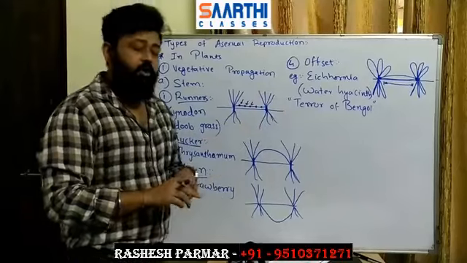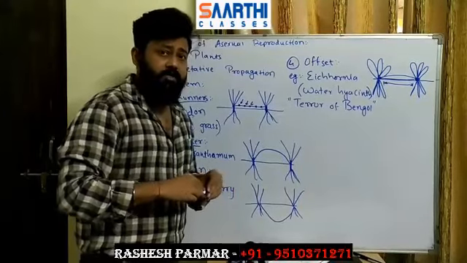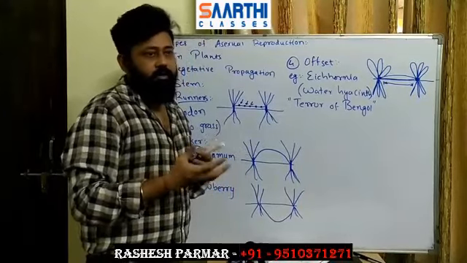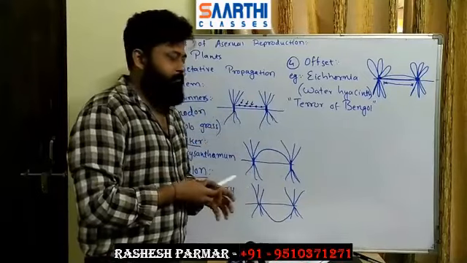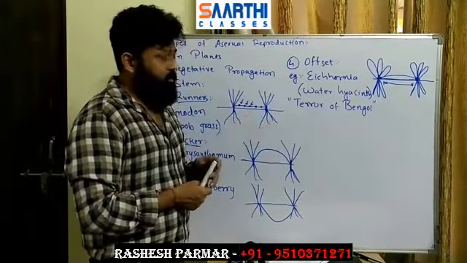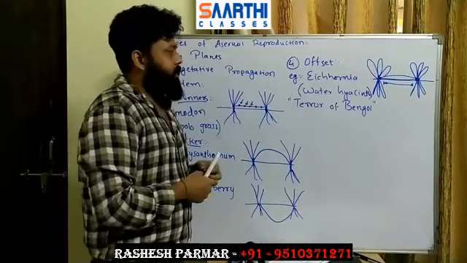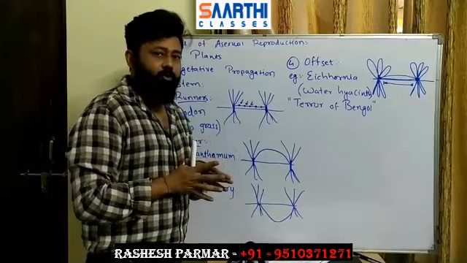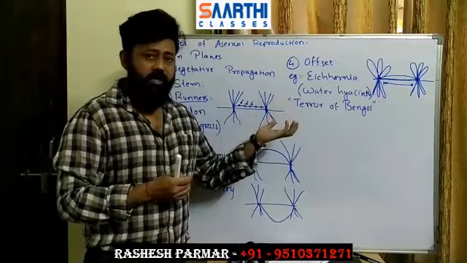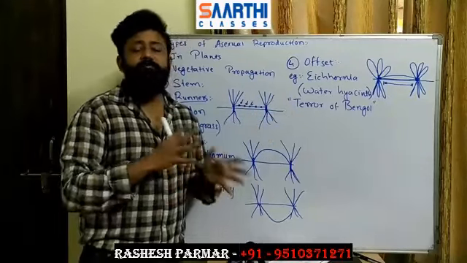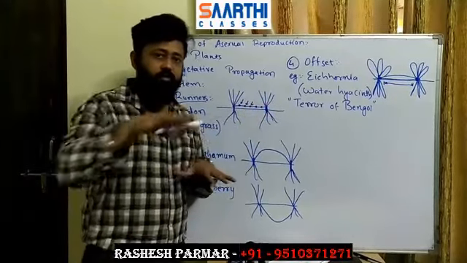And why is it called Terror of Bengal? These are exotic plants, grown to beautify ponds. They were brought from other countries, and they are very rapidly growing plants. Let's say if we grow a single water hyacinth in a pond, in a few days this plant will cover all the surface of the pond.